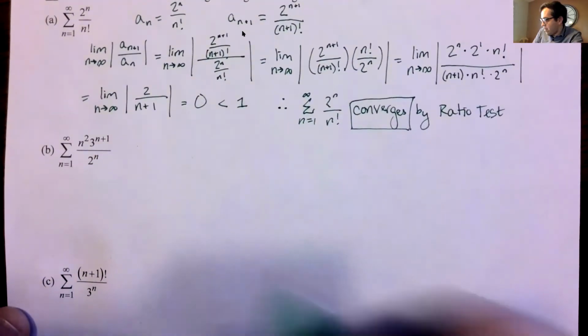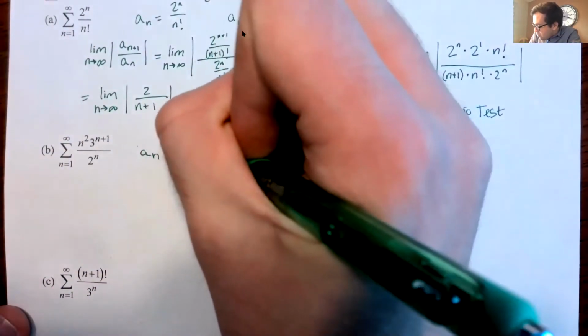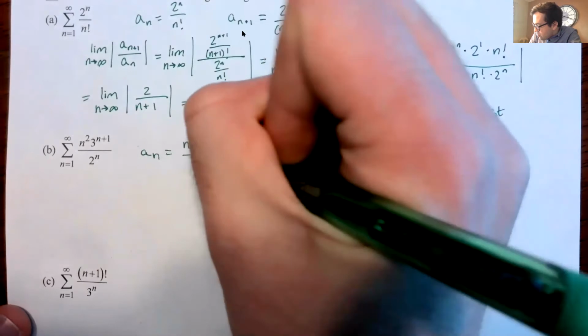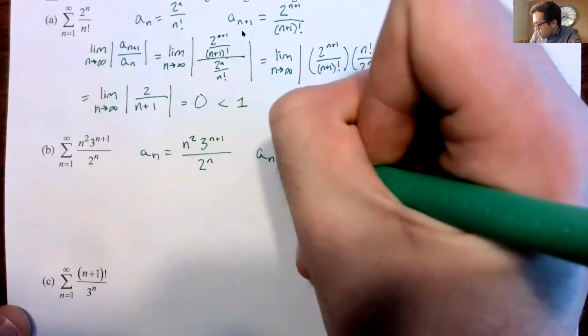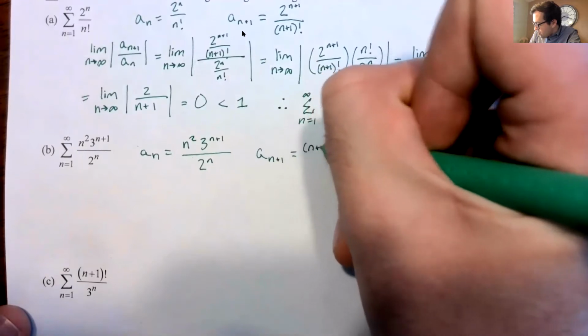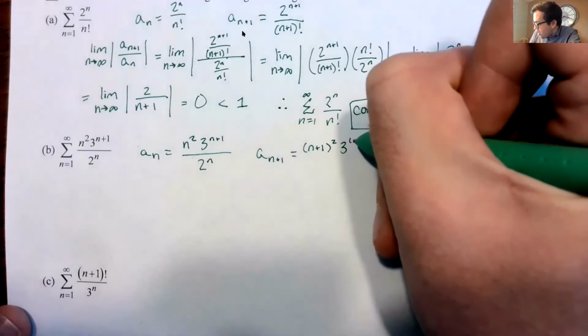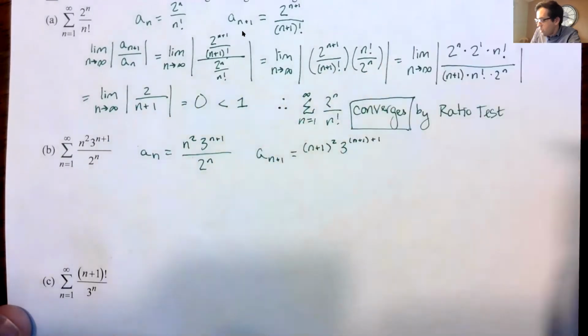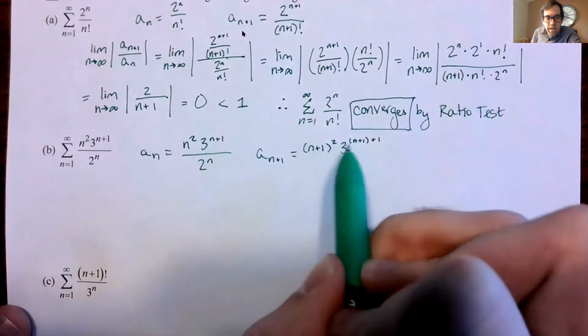We're going to do the same thing. So we're going to start by defining a sub n and a sub n plus 1. So this time I'm going to have n plus 1 squared times 3 to the n plus 1 plus 1. Right? I'm just replacing every n with n plus 1.